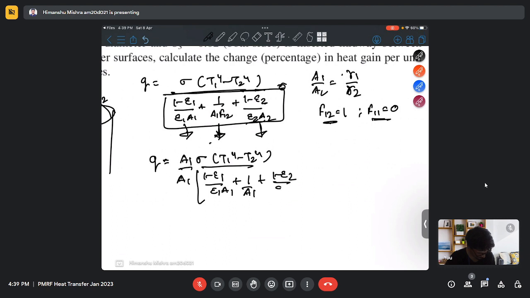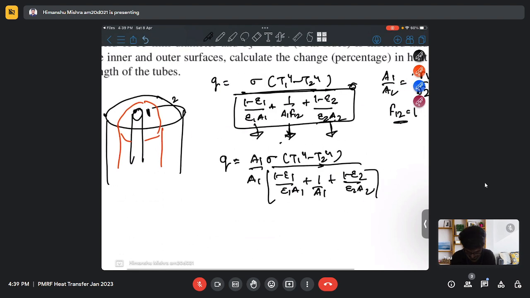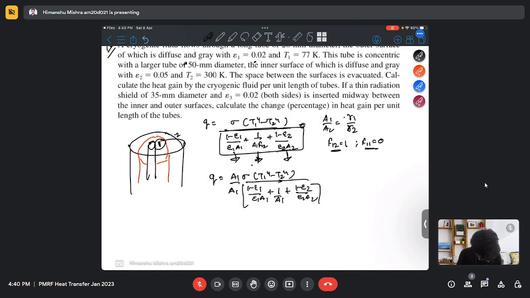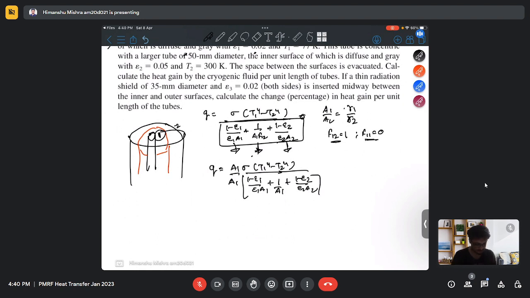Which surface are you taking as 1? Inner surface, and the outer surface is 2. As of now, there is no shield in between, so this is without shield.